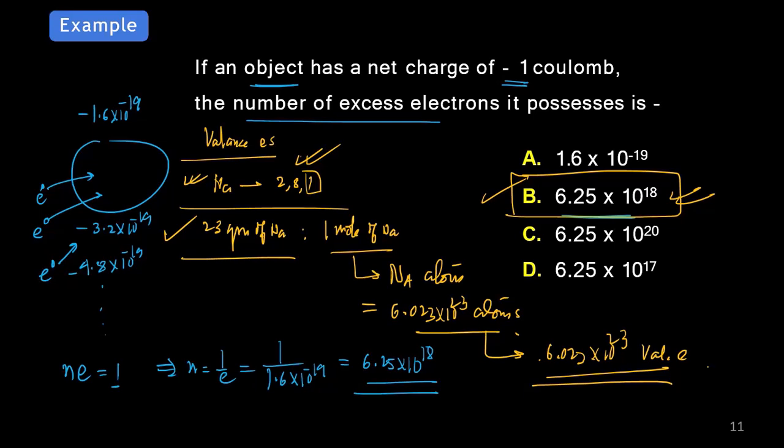But the question is how to add or take out this many electrons. Whenever I have to add or take out some electrons, some amount of energy has to be transferred. Electrons will not automatically go inside the atom. In order to take out an electron, I have to give some energy to it so that it is released from the valence shell.